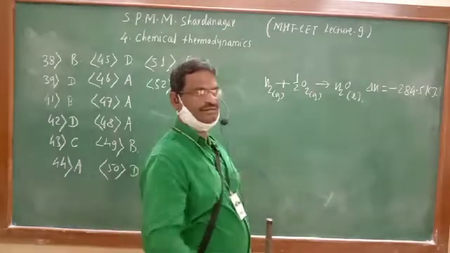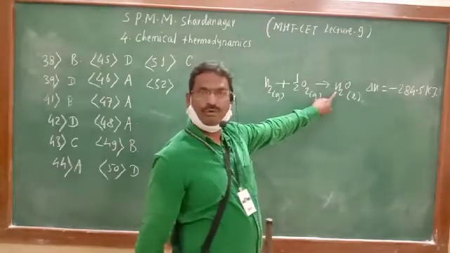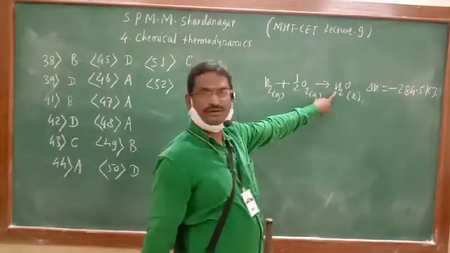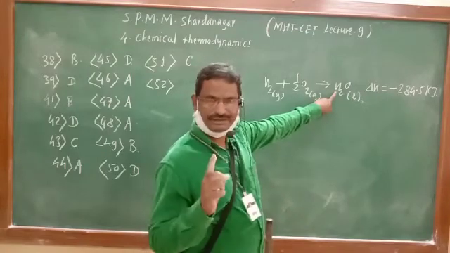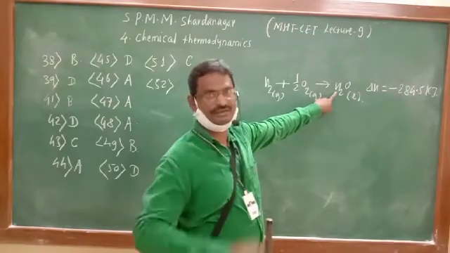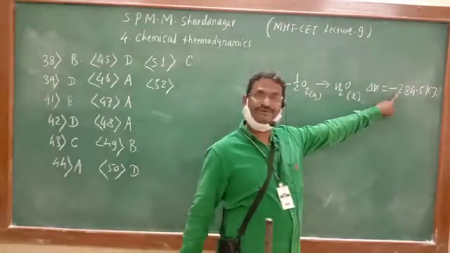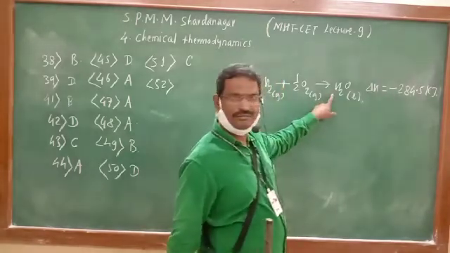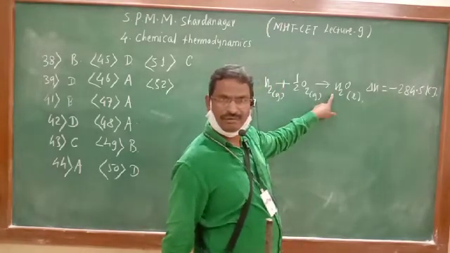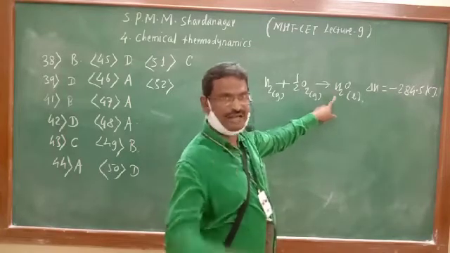See the meaning carefully. In this reaction, water is formed from its constituent elements. So it is known as enthalpy of formation. Just now we have studied this. What is the mass of water formed in this reaction? 18 gram.